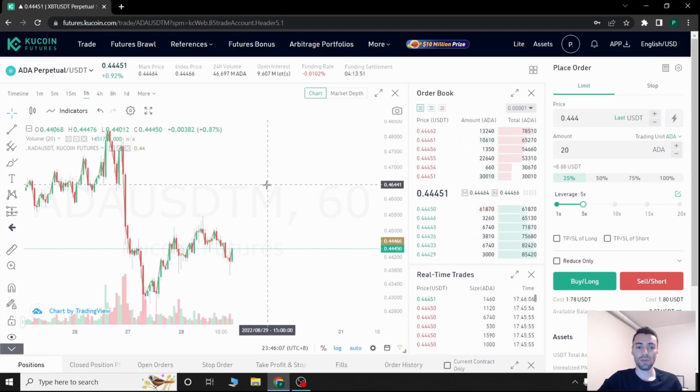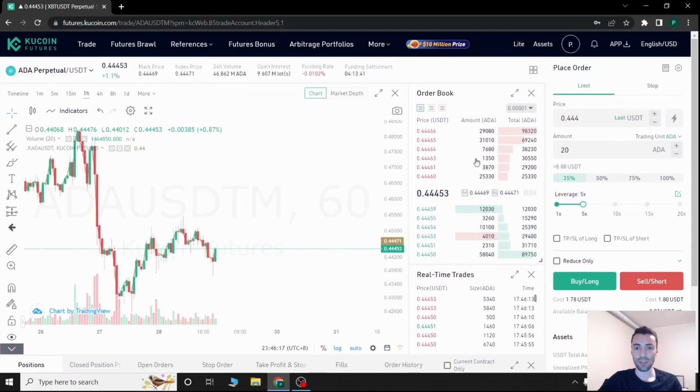So here we worked on Cardano perpetual USDT. We have it here again, and here we have the order book. For example, if you want to make a position here on limit, we can set the price and we can set the amount.